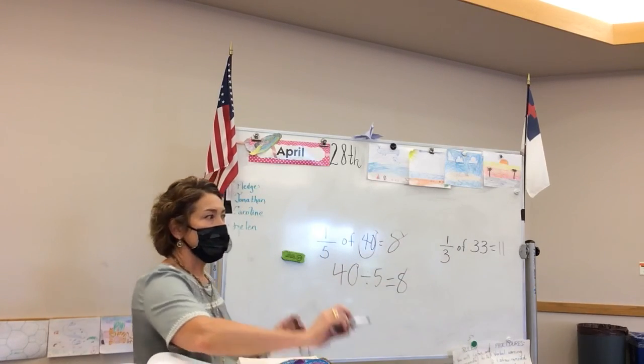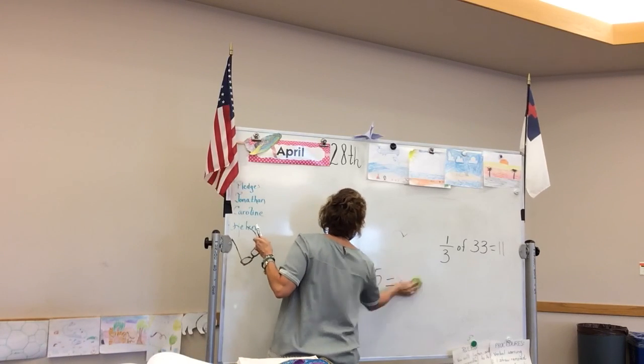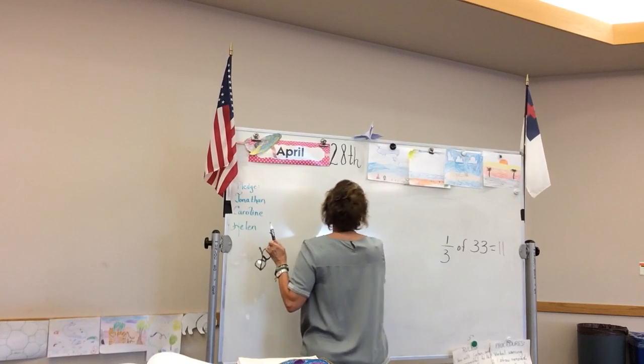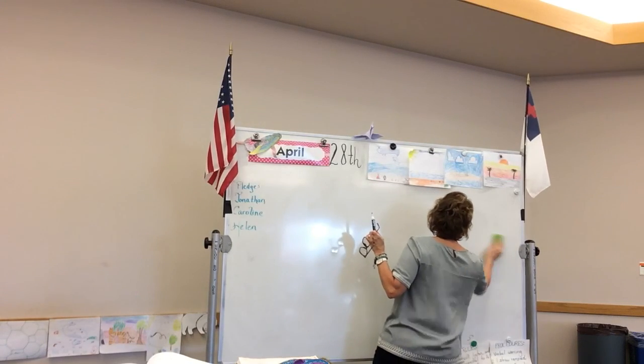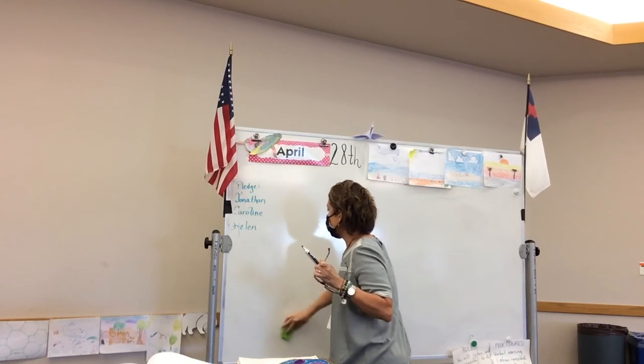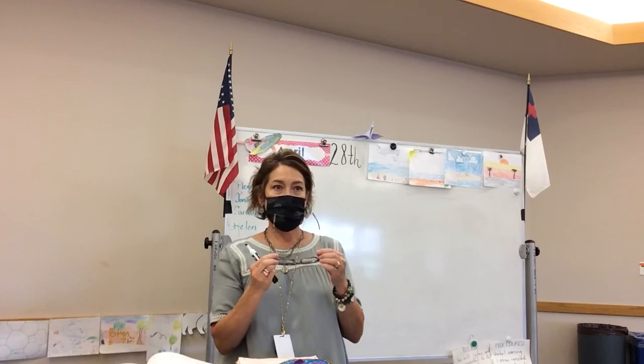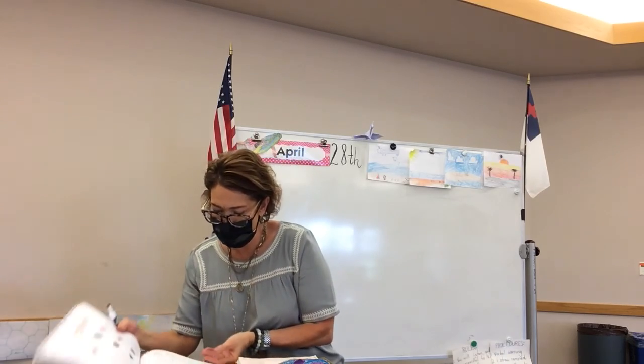Beautiful. Good job. Now remember, when you see a fraction with a whole number and you see of, that means you're going to what? Divide the denominator with the whole.